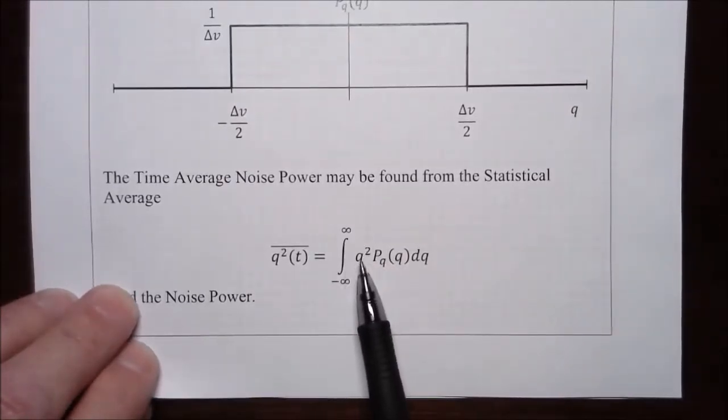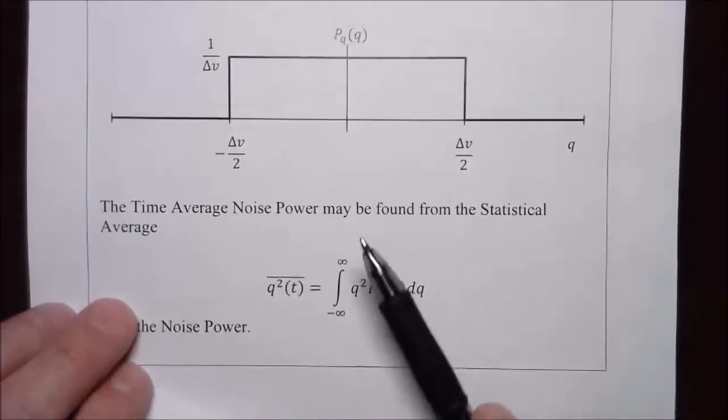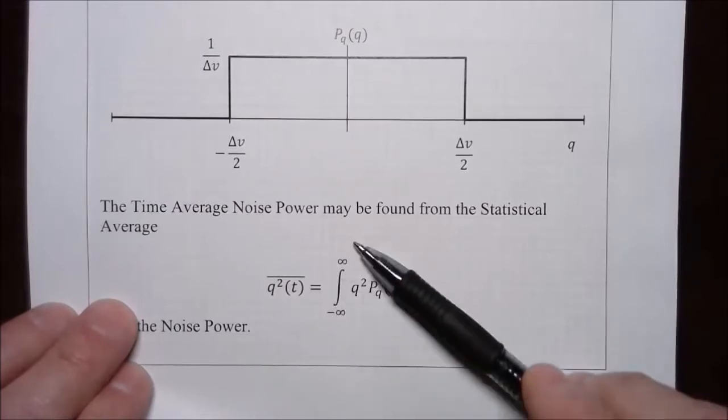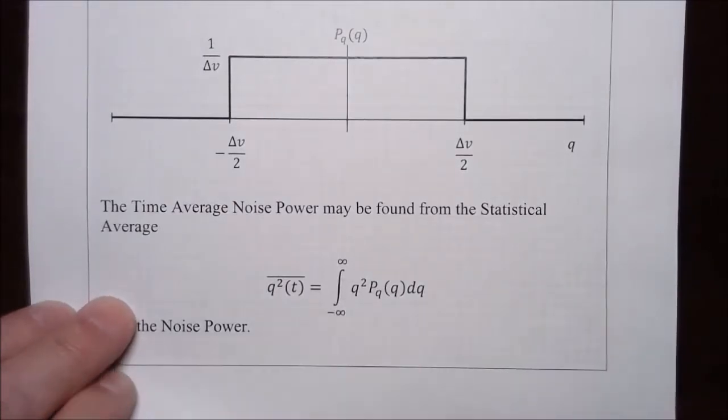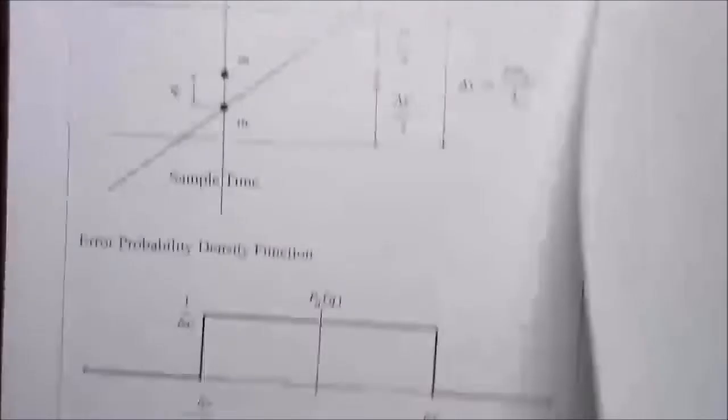Anytime we want to know the average value or the expected value of something, Q squared in this case, we take Q squared and then we multiply by the probability density function, and then we integrate over all values of Q.